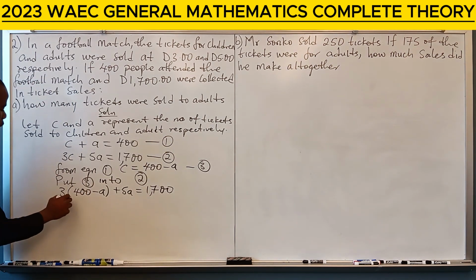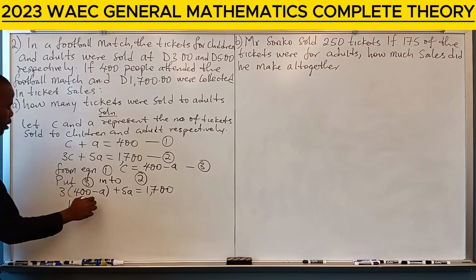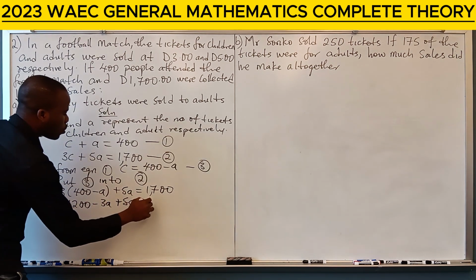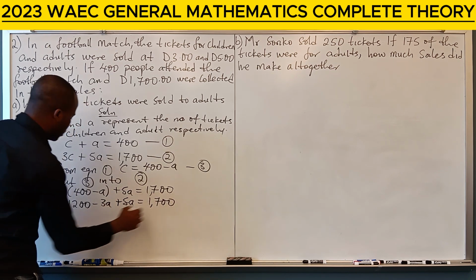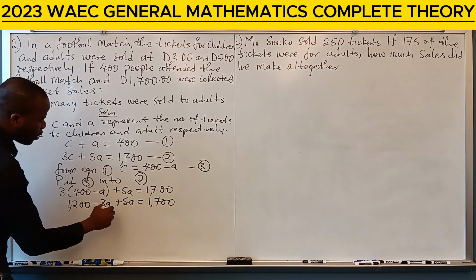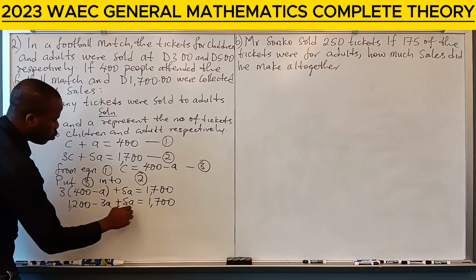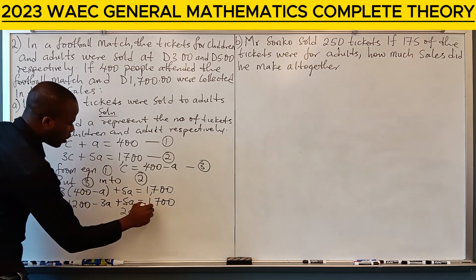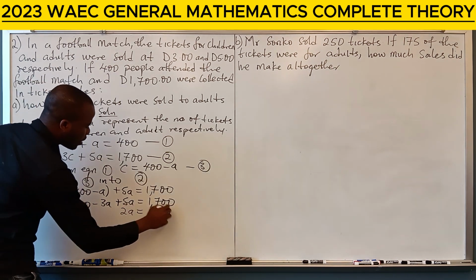When I open the bracket, I'll have 1,200 minus 3A plus 5A equals $1,700. Subtract 1,200 from both sides, and minus 3A plus 5A is 2A equals 1,700 minus 1,200 is $500.